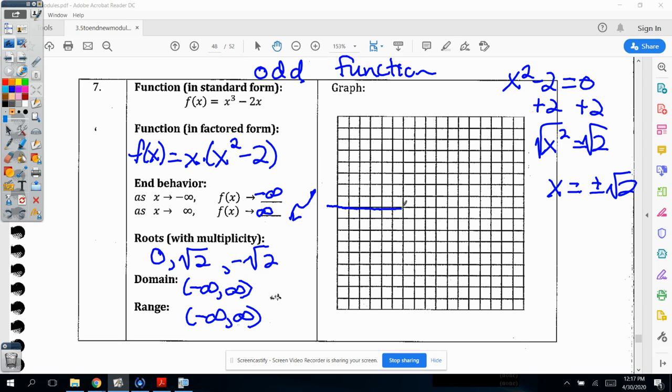The square root of 2, the negative square root of 2, you could put approximation dots there as well. And I think I said it went up about like up here. And it goes through 0. Okay. So, I'm just gonna get a little baby graph. It's not very good, but that's fine.